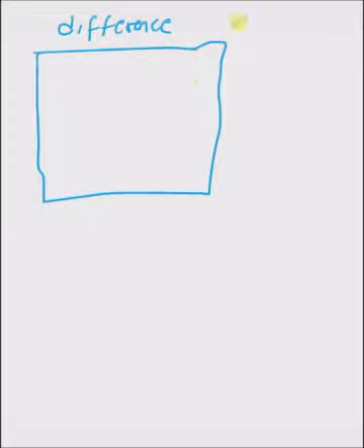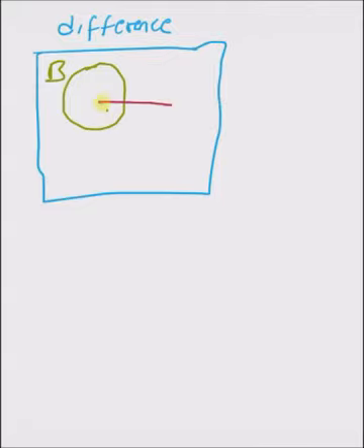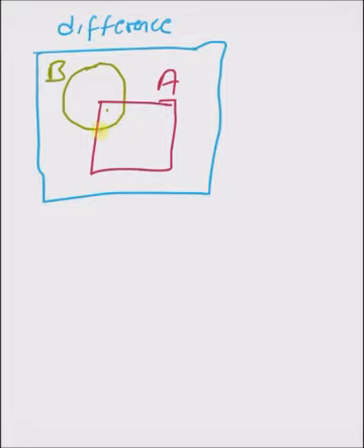Consider the universal set, and then we have set B, and we have set A. So the difference between A and B is denoted by the following region.